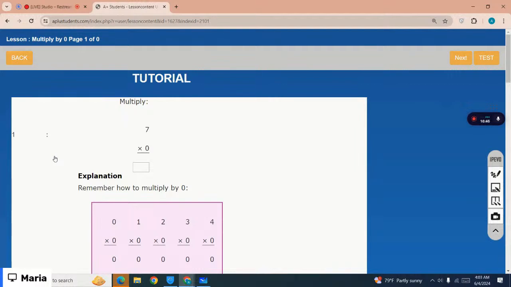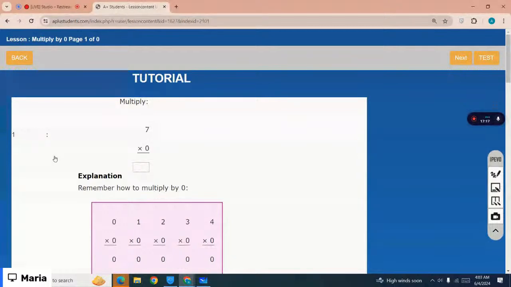So which is the correct option? 7 times 0 is 0, right? The correct option is 0. So 7 times 0 is 0.